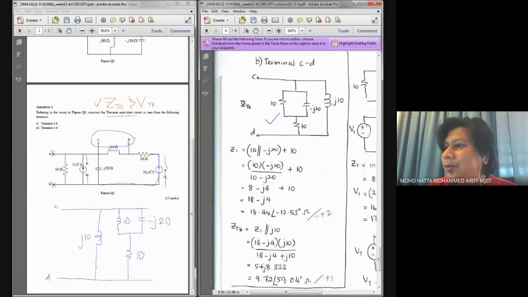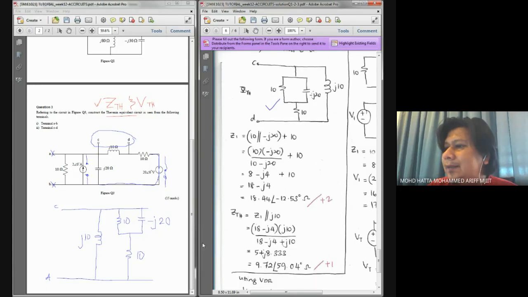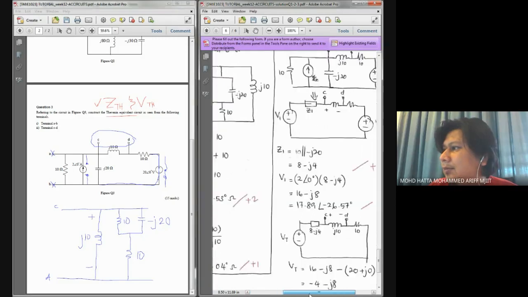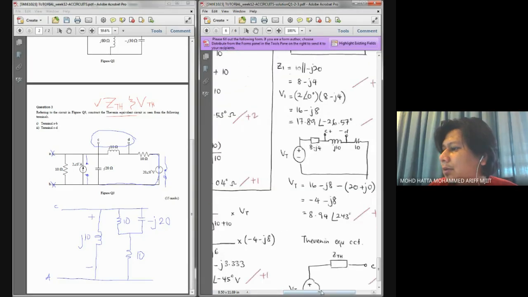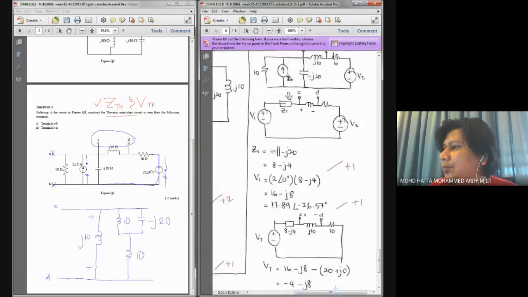And for your VTH, we need to consider the voltage that we are trying to calculate. It's basically the voltage across here. Maybe we look back at our solution.